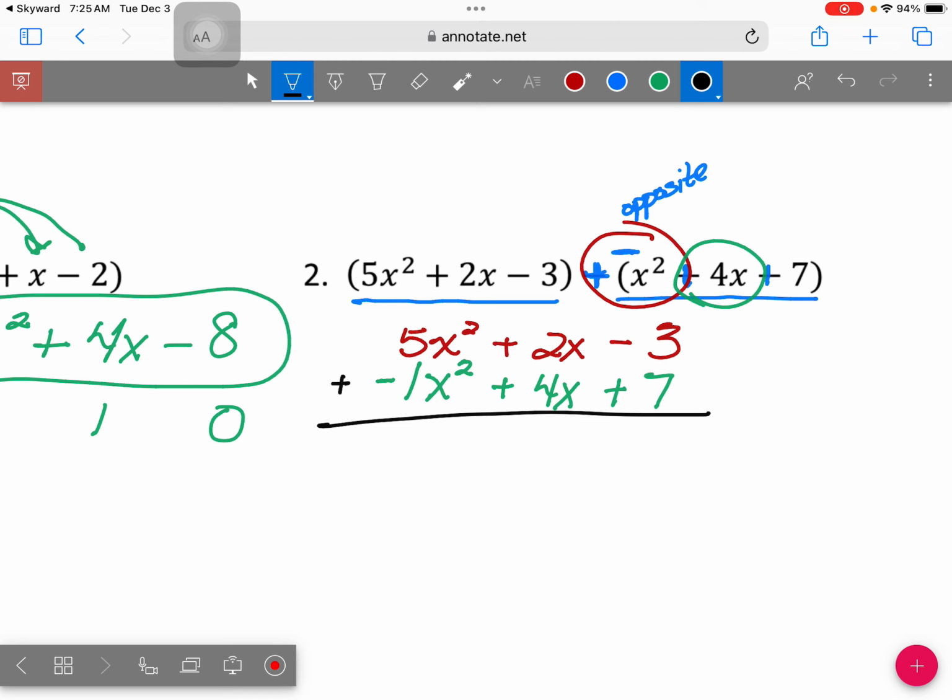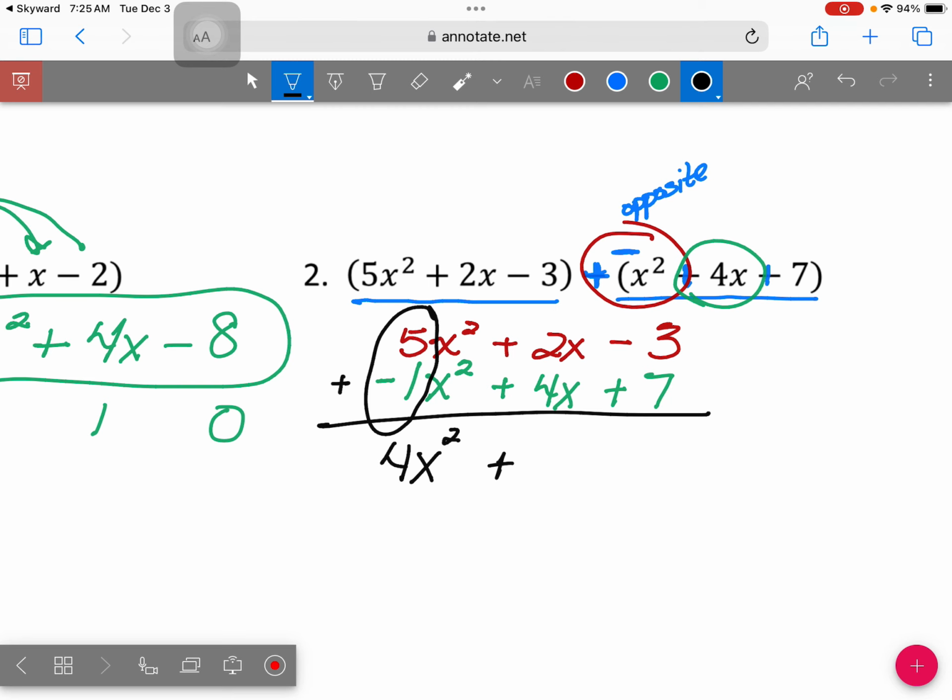What am I really adding? What am I adding together here? Yeah, the coefficients only. So 5 plus negative 1 is 4. The x squared stays the same. Again, it's like 2x plus 3x. That's 5x. You don't change the like terms behind it, right?